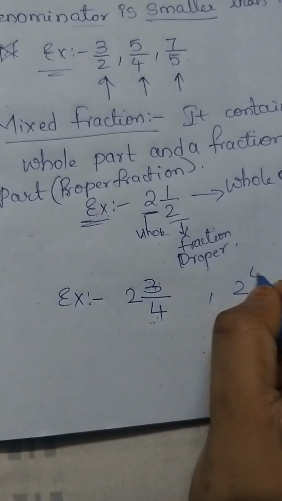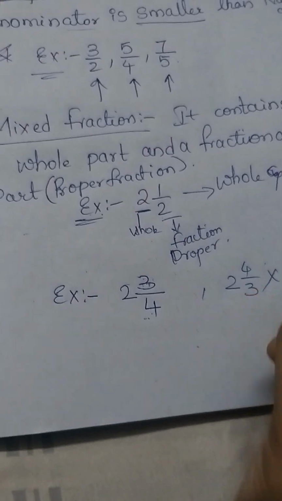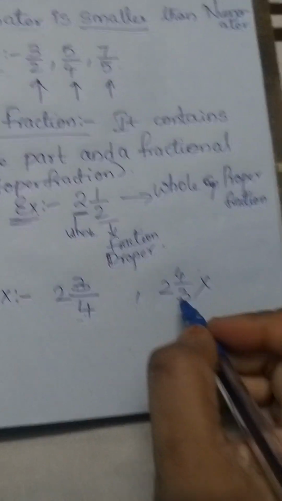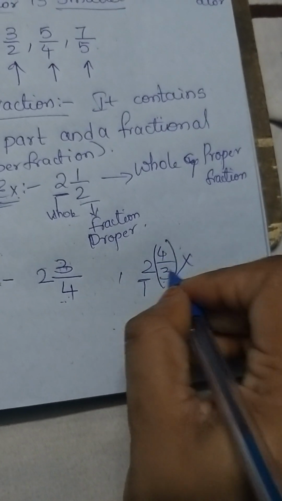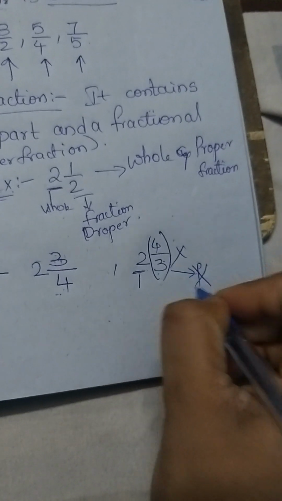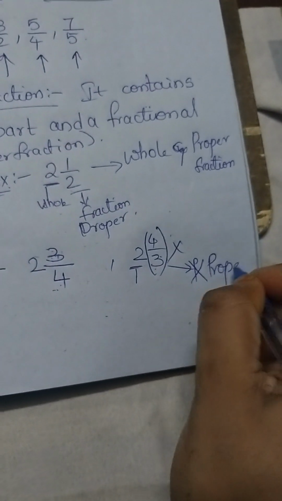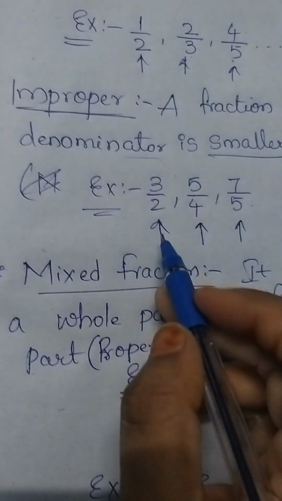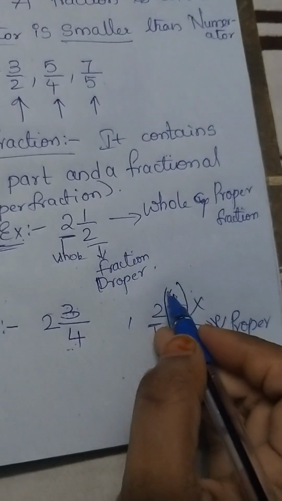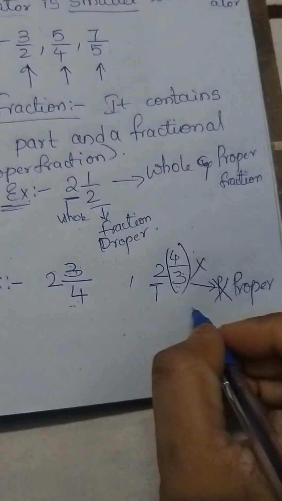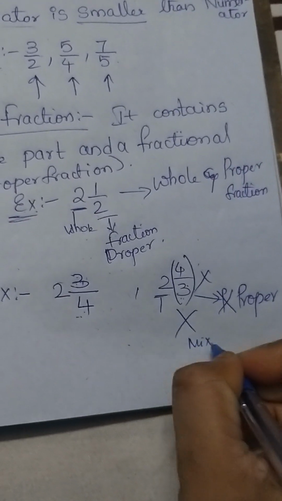If we write this as 4 by 3, it is not a mixed fraction, children. Means 2 is a whole part, but 4 by 3 is not a proper fraction. It is improper because 3 is smaller in the denominator and 4 is in the numerator. So it is not a mixed fraction.